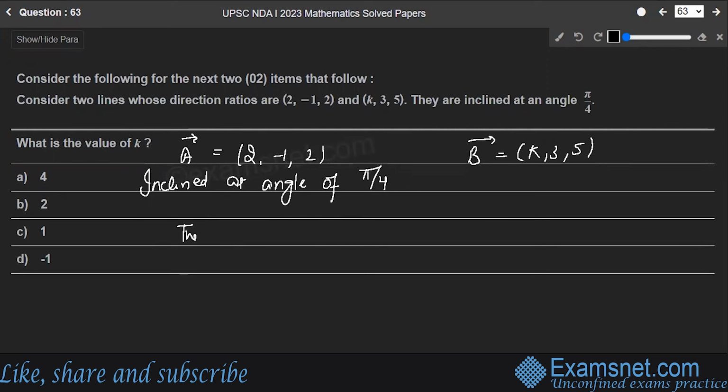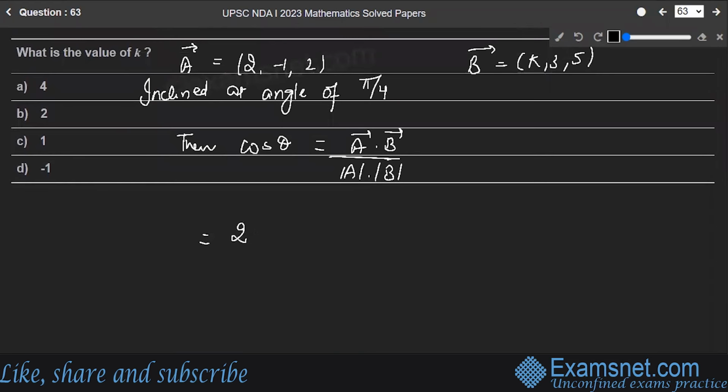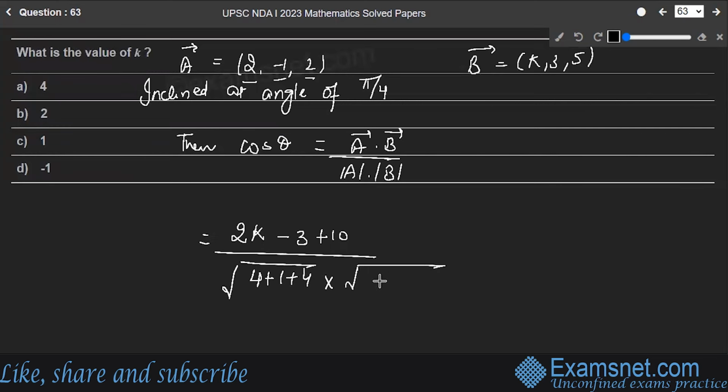Therefore, cos theta is given by A dot B upon modulus of them. So this is equal to 2k minus 3 plus 10 upon root of 2 square plus 1 square plus 2 square, which is 4 plus 1 plus 4, multiplied by root of k square plus 9 plus 25.